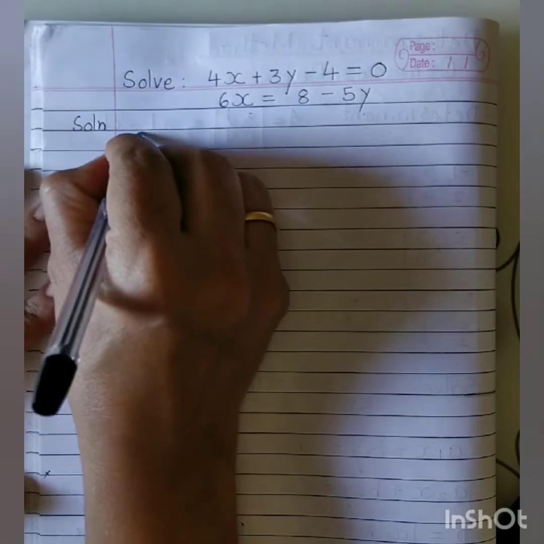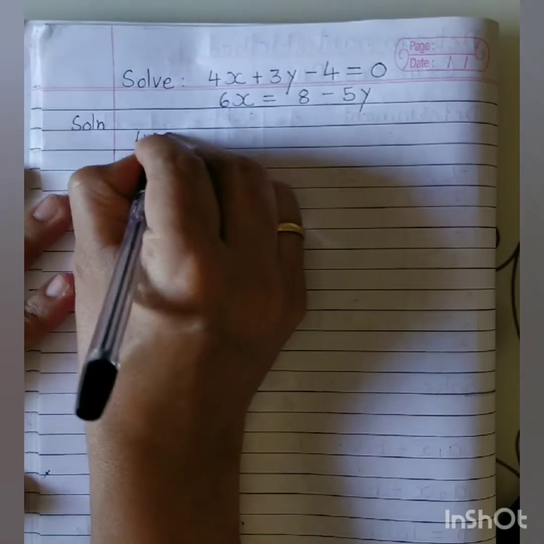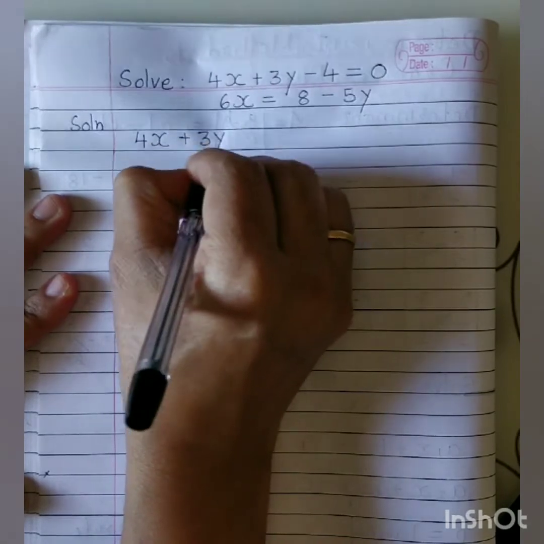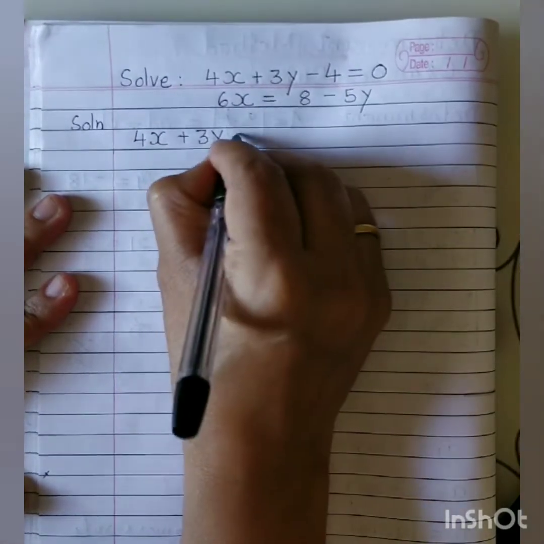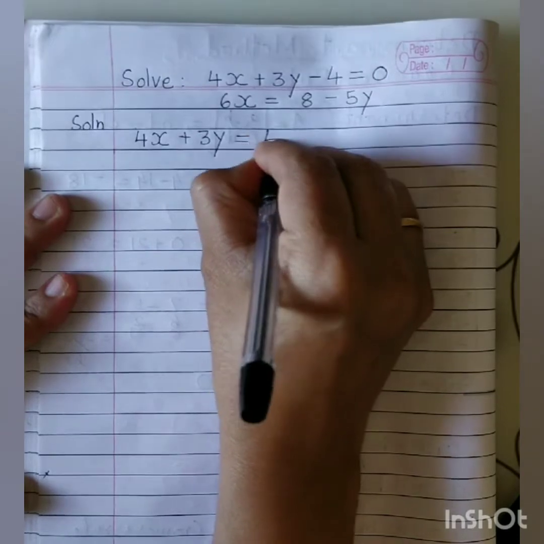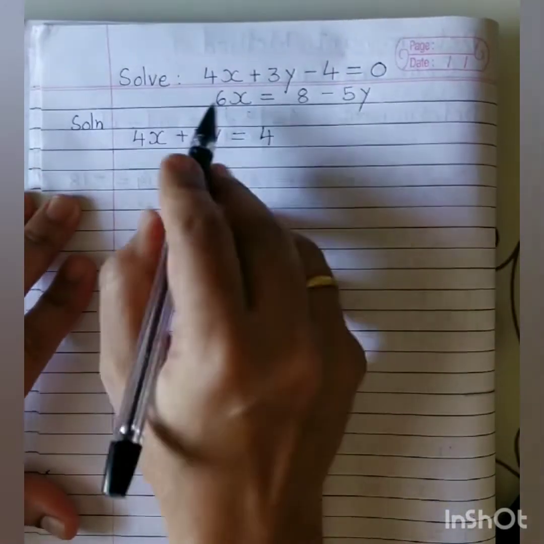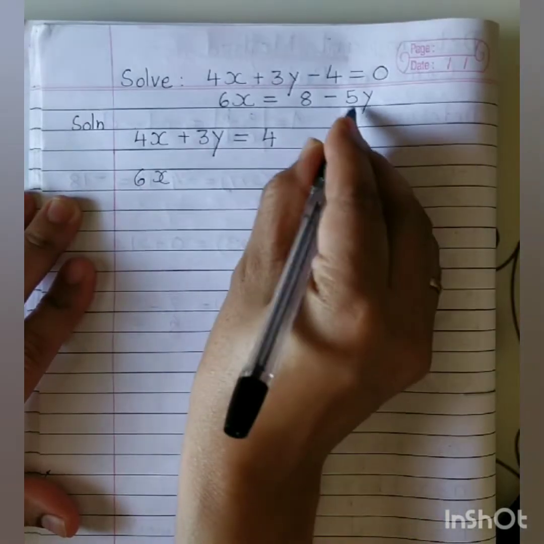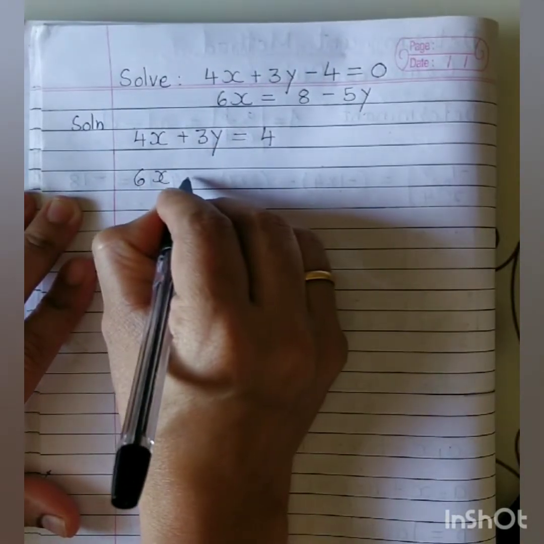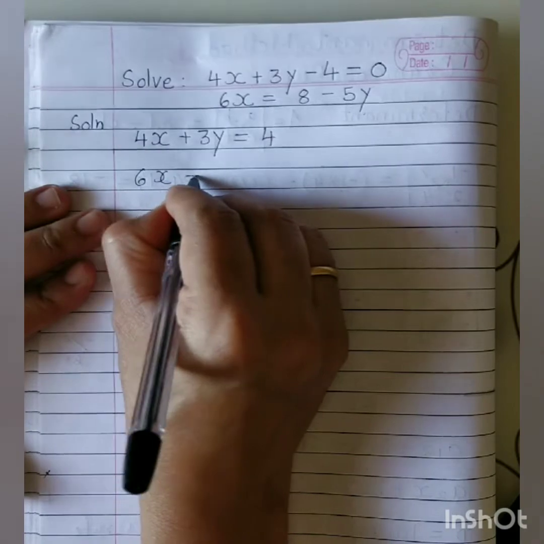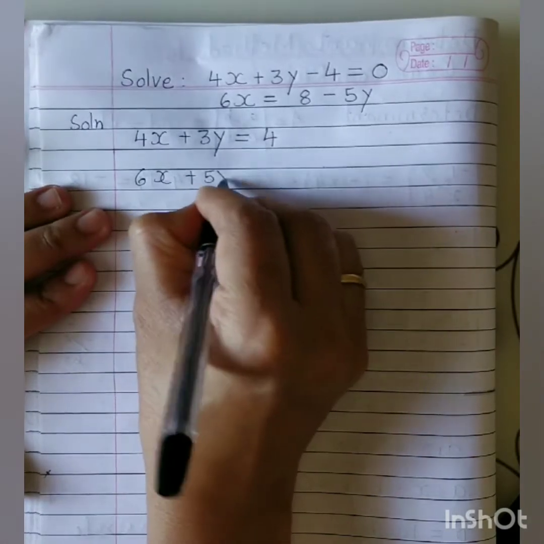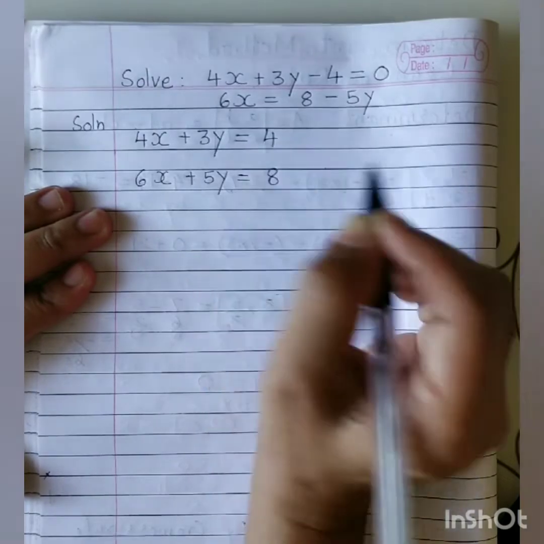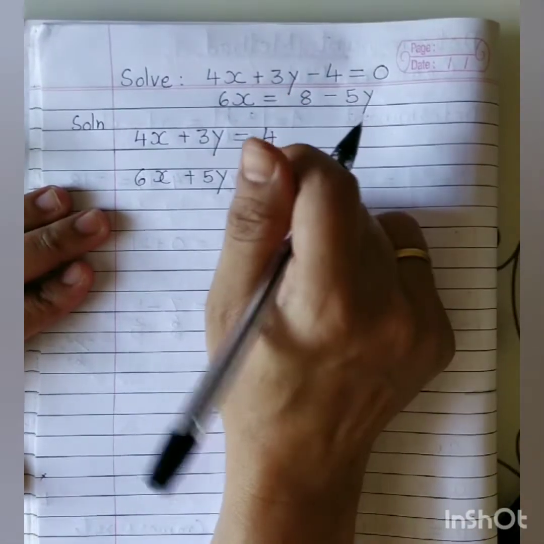So first equation will be written as 4x plus 3y as it is given in the equation, minus 4 shifted to that side, it becomes 4. Second equation, 6x minus 5y transposed on the left hand side, so it becomes plus 5y is equal to 8 as it is. The two equations are written in standard form.